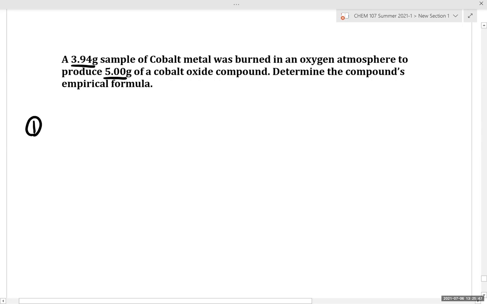So let's share our initial thoughts here. What is the mass of metal? Let's just highlight the attainable pieces of information. What is our mass of metal, which in this case is cobalt? What mass of metal do we have?